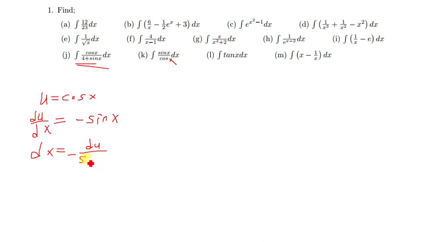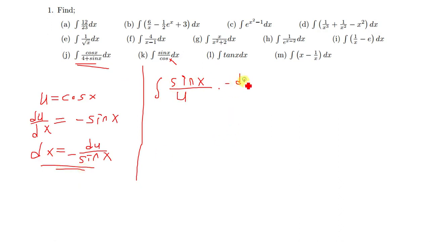Of course, this is going to be negative. So while there's cos x, I'll put u, and then I'll multiply this by dx. Dx there is just negative du over sine x.